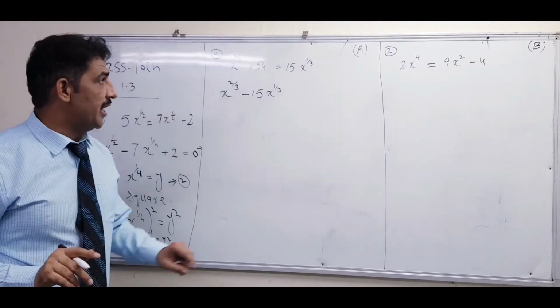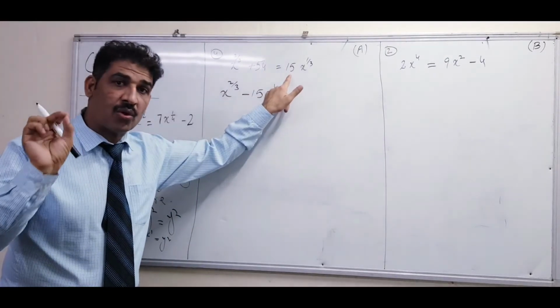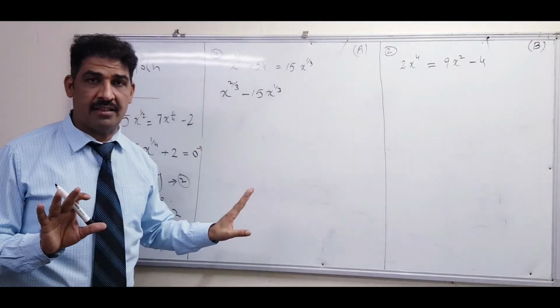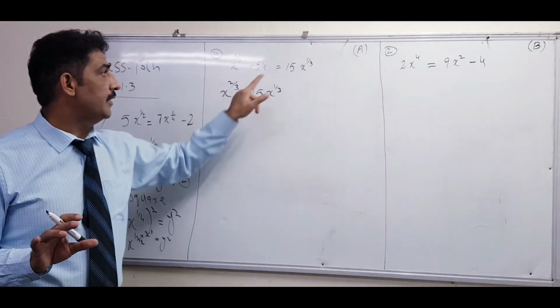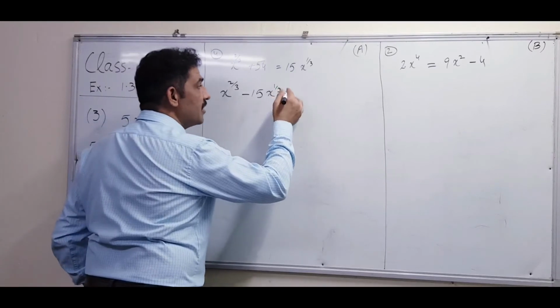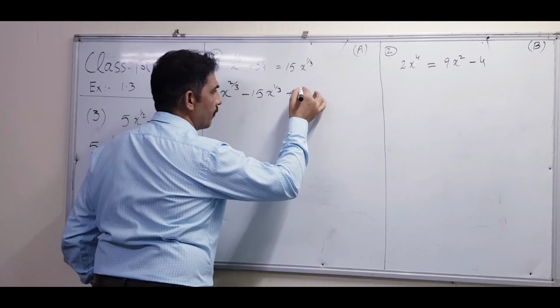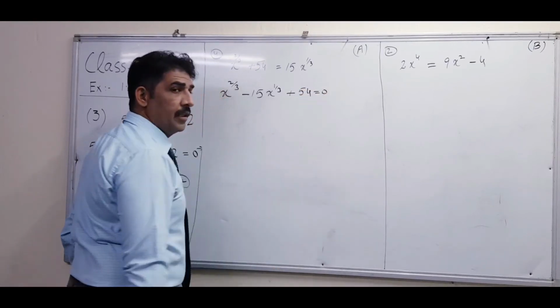One thing keep in your mind, when you are shifting this term on this side, only the sign of the coefficient will change. Exponent is not affected. Okay? Only the sign of the coefficient will be changed. Here plus minus, so plus 54 will remain the same. Good. Equal to 0.